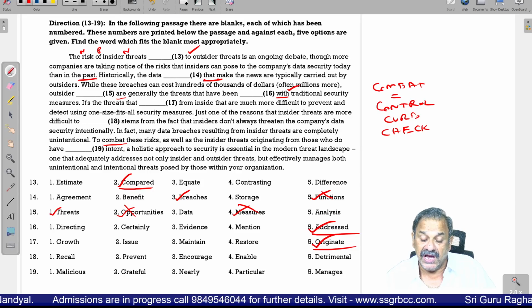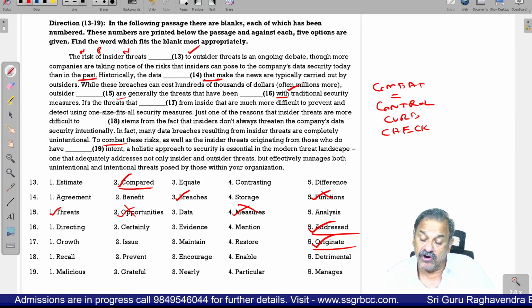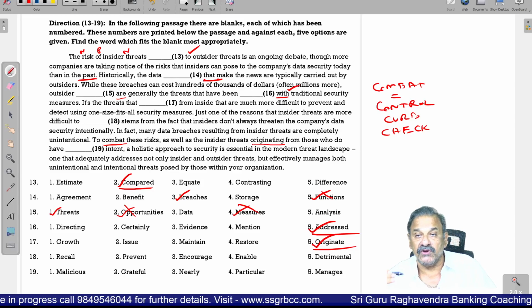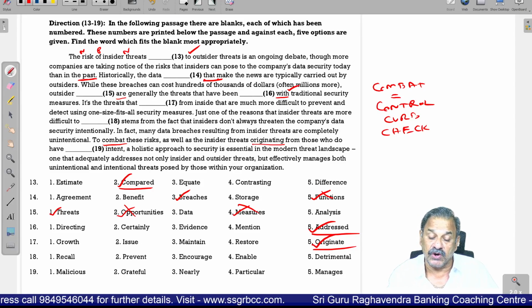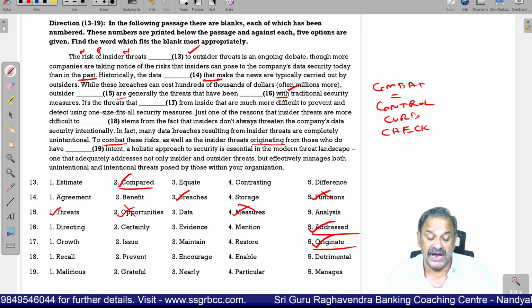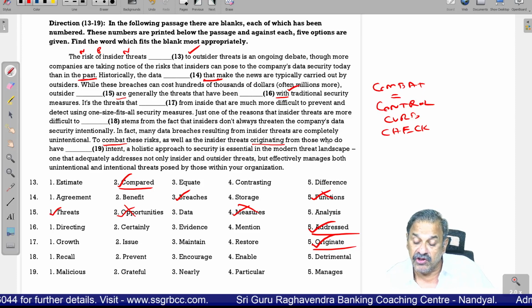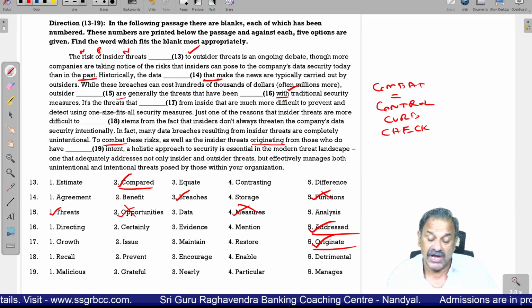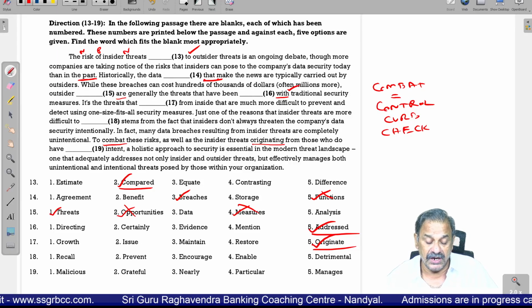These risks as well as the insider threats originating. If you read the rest of the sentence, you are going to get the clue for the blank. Difficult to originate. Originating from those who do have dash intent. After have, what do you have to use? Third form of the verb.